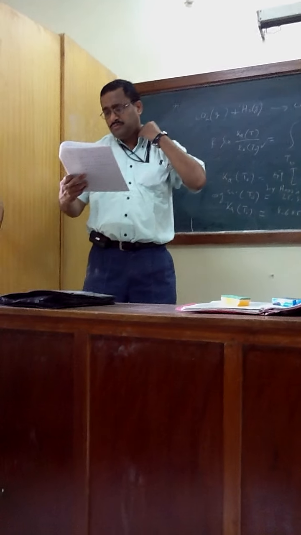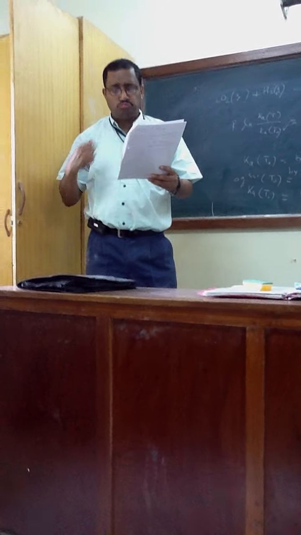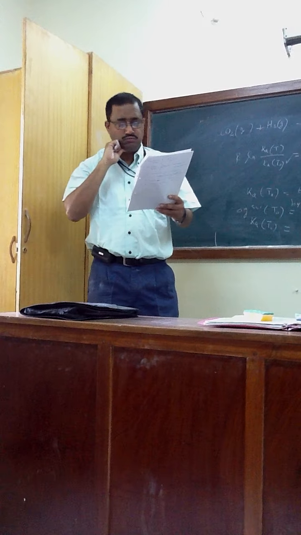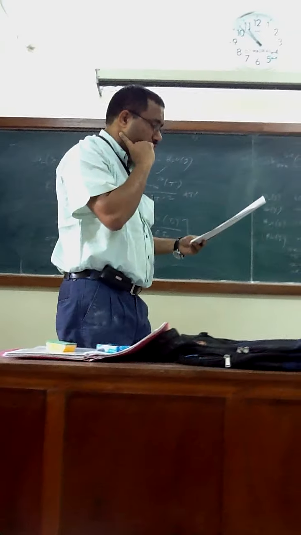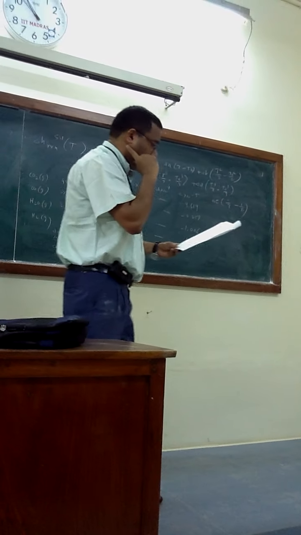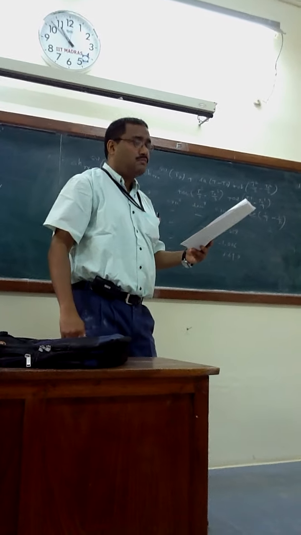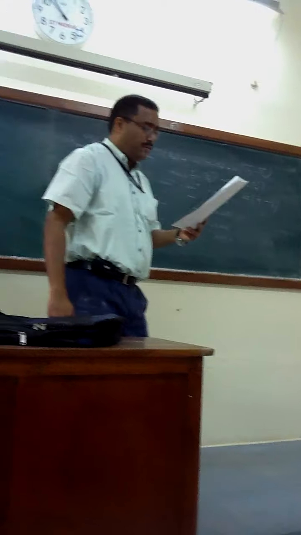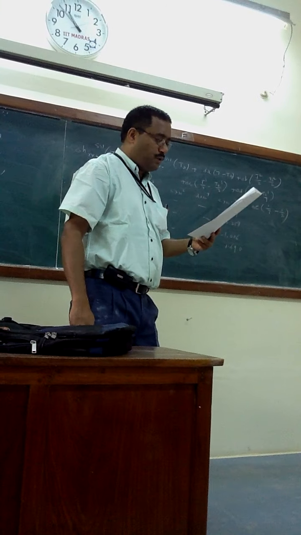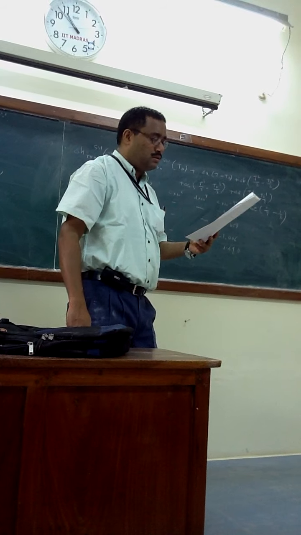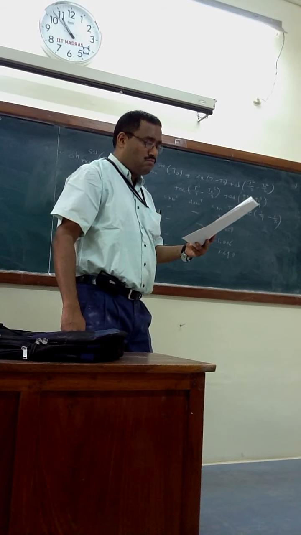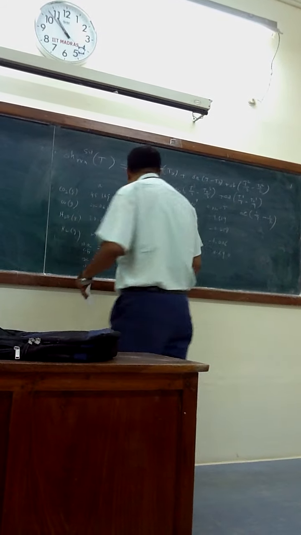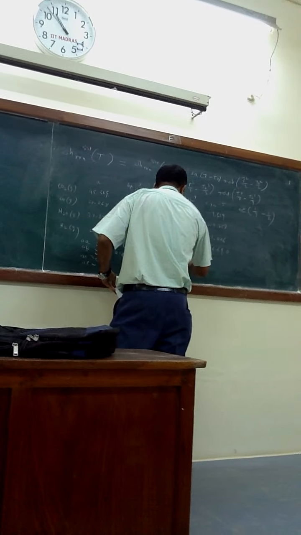You got 9.045? It should be the calculation step. I tell you: minus 0.258 plus 1.006 plus 9.619 minus 0.690. It should come 9.677 into 10 to the power 5.